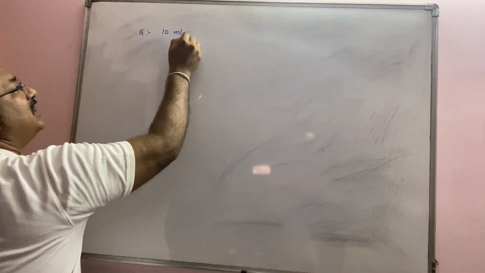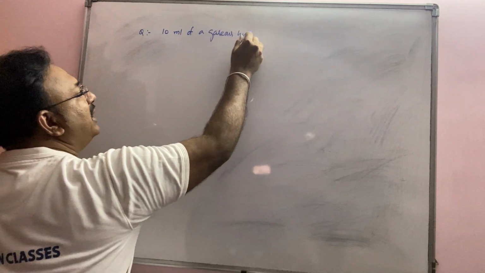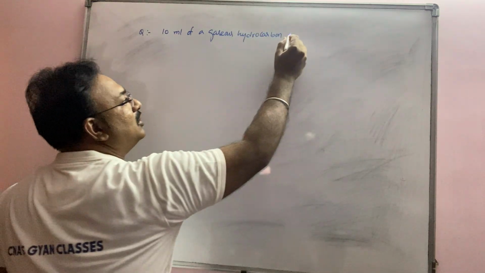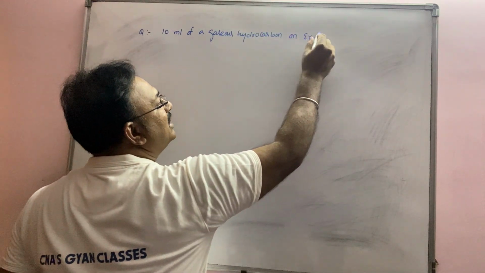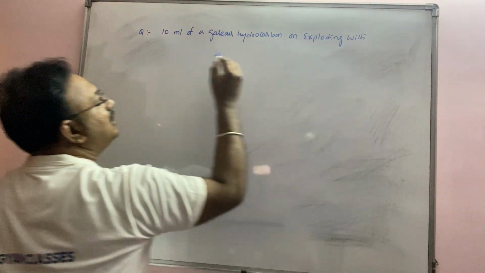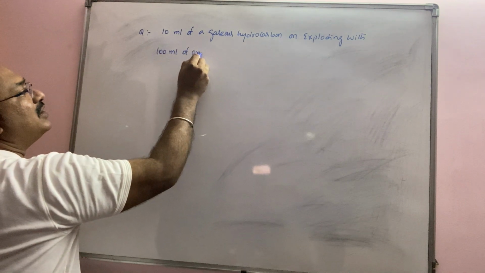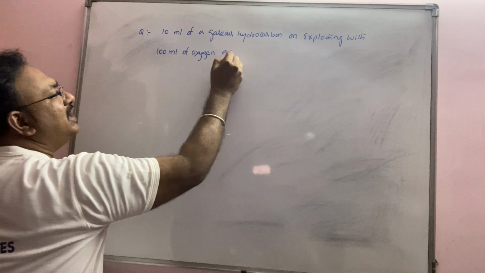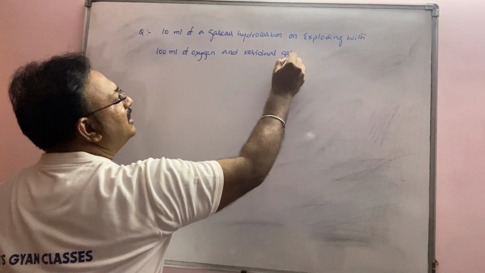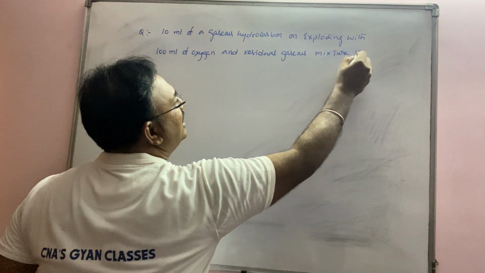The first question is: 10 ml of a gaseous hydrocarbon on exploding with 100 ml of oxygen, and the residual gaseous mixture is cooled.